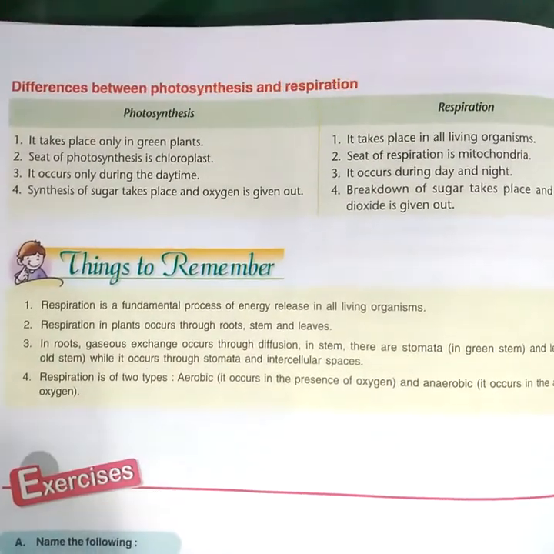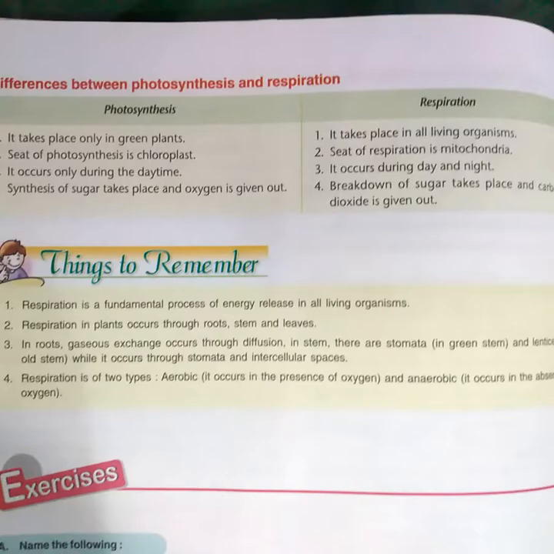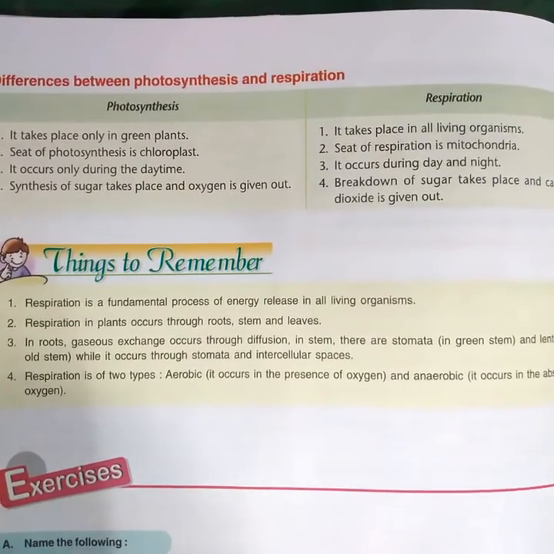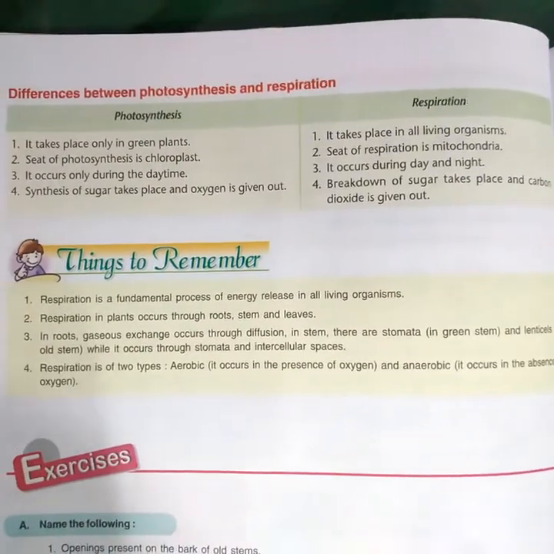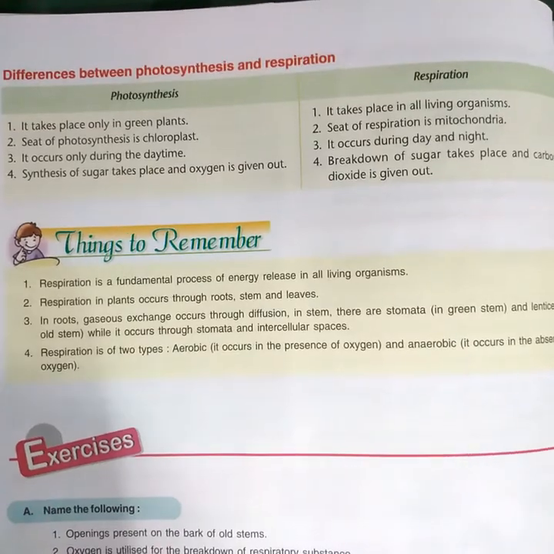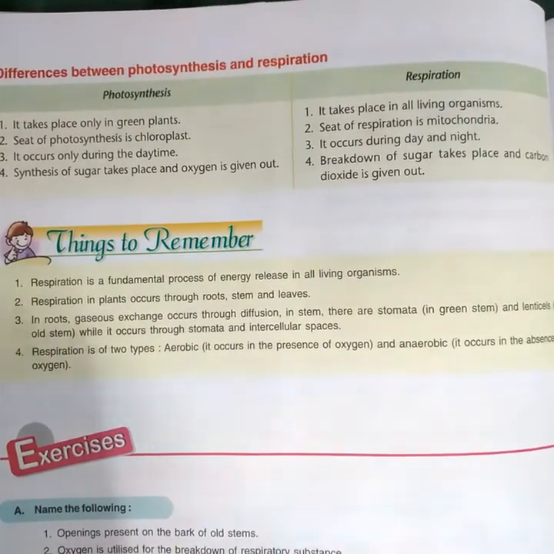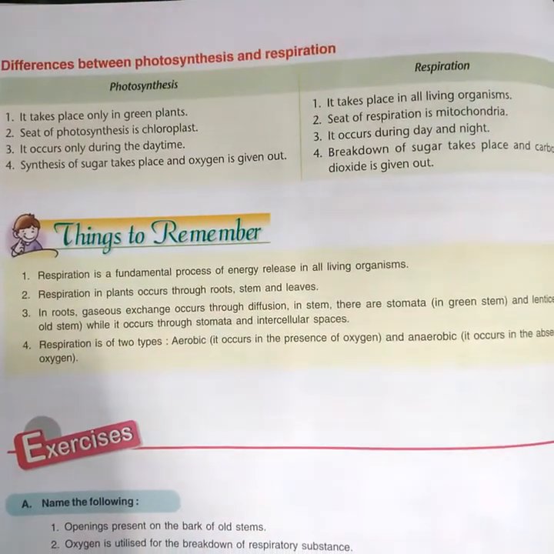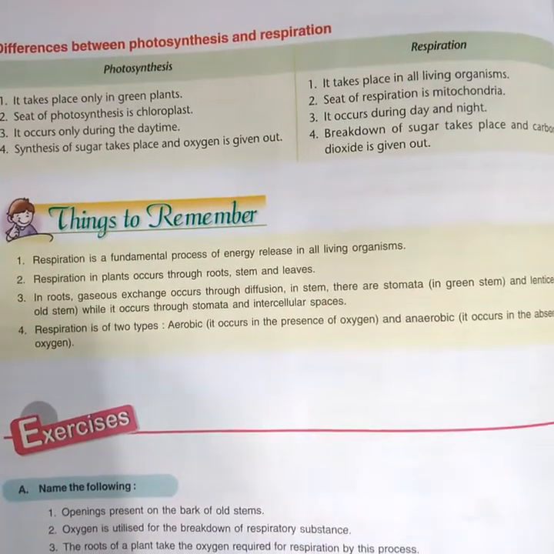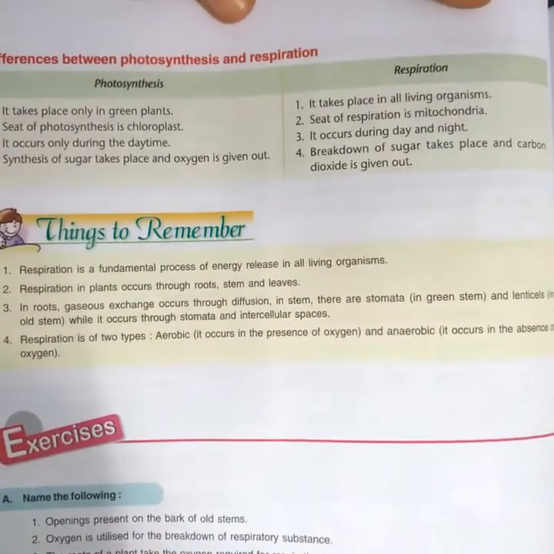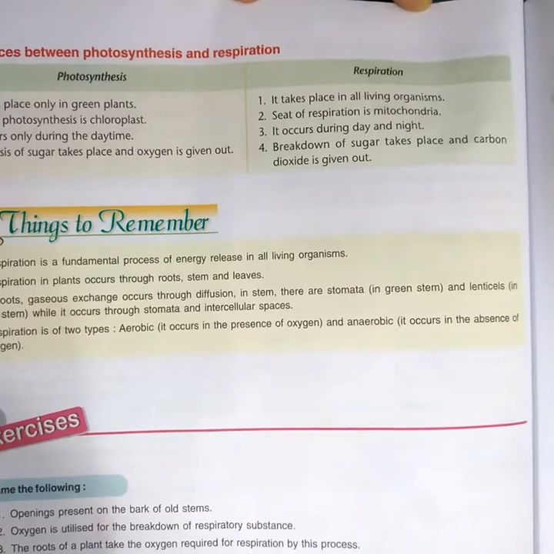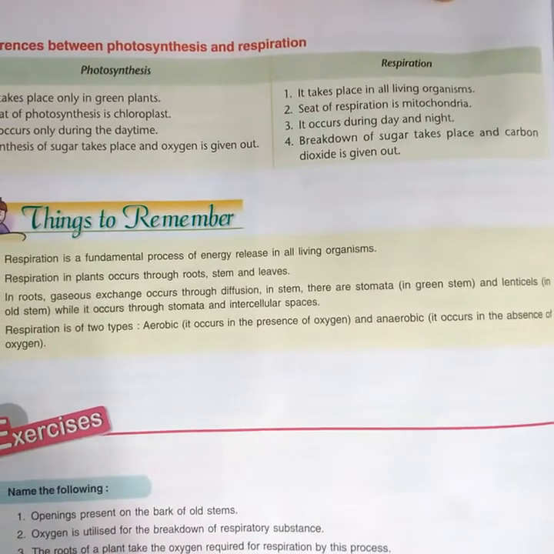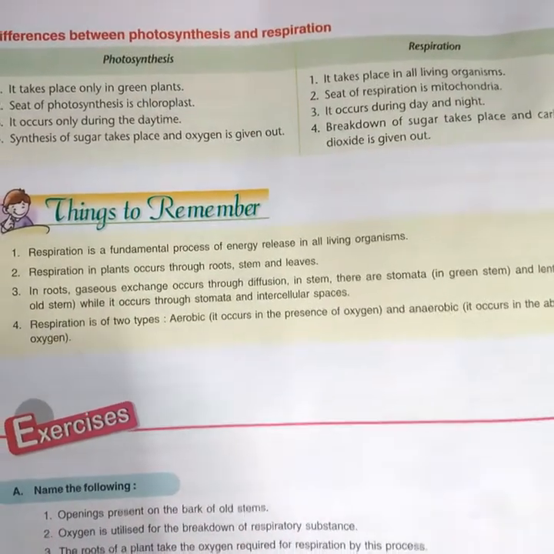Point number 2. The seat of photosynthesis is chloroplast and seat of respiration is mitochondria. Chloroplast is a cell organelle which is present only in plant cells, and mitochondria is a cell organelle which is present in both cells, plant and animal cells. Point number 3 of photosynthesis, it occurs only during the daytime. Why?